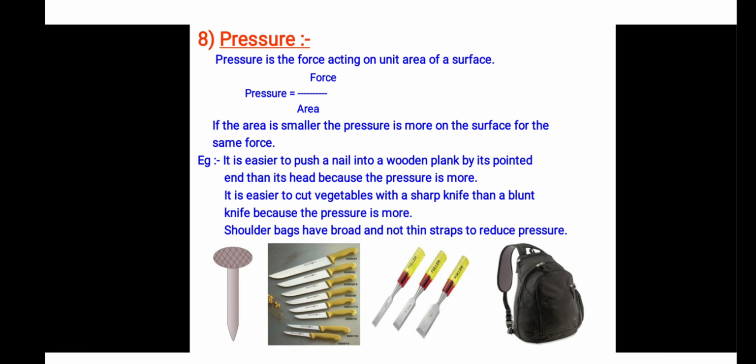In these two processes, the first, try to push a nail into a wooden plank by its head. Did you succeed? No. Try now to push the nail by the pointed end. Could you do it this time? For another example, try cutting vegetables with a blunt knife and then with a sharp knife.